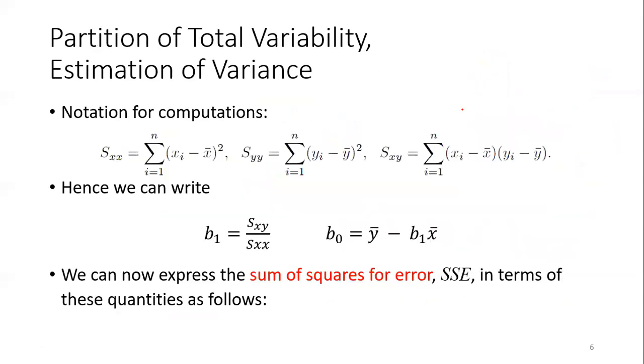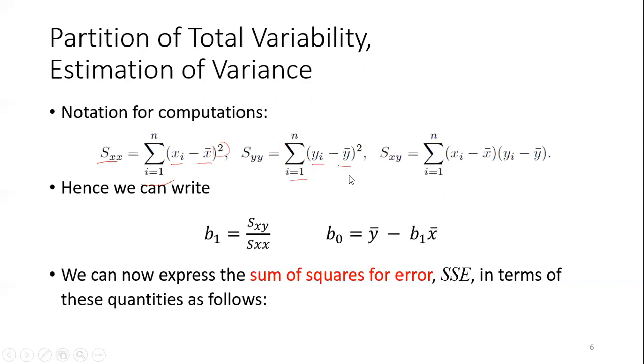Well, just small notations in order to make the formulas easy to check. Sxx is the sum from 1 to n of (xi minus x bar) squared. Syy is the sum of (yi minus y bar) squared.